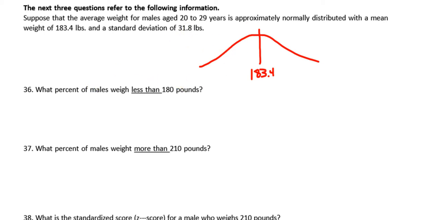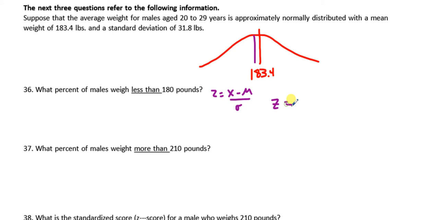Weighs less than 180 pounds, so they're pretty close to the mean here. It's going to be less than 50%. So once again, that formula is Z equals X, which is our score, minus the mean, over the standard deviation. And then we look the Z up on the table.